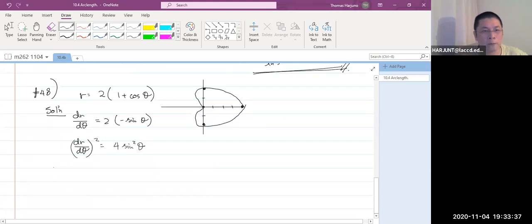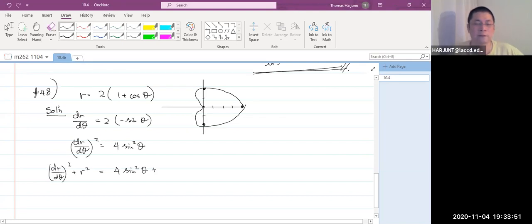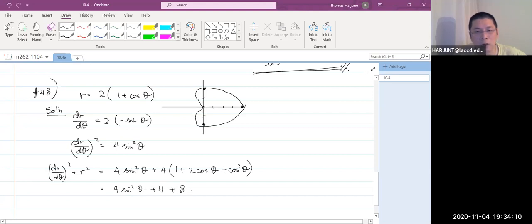When I add r squared, that will be 4 sine squared theta plus 4 times (1 plus 2 cosine theta plus cosine squared theta). This will be 4 sine squared theta plus 4 plus 8 cosine theta plus 4 cosine squared theta.